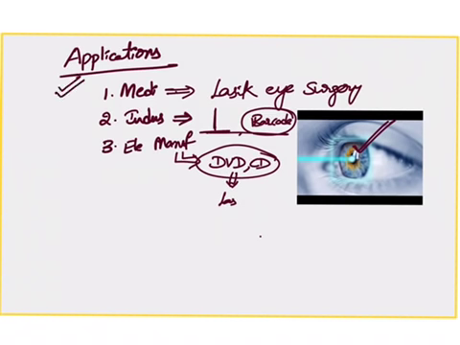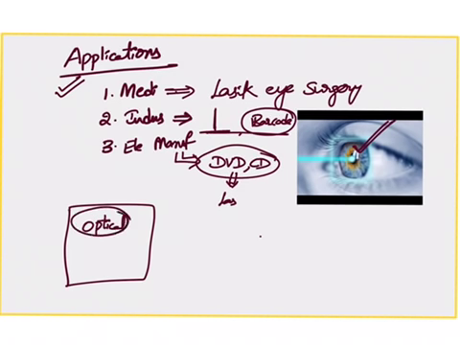Now, the first person has discovered optical tweezers. Optical tweezers means using optics based on laser technology. These are used as cutting tools, tweezers, in the biological systems. The second set of people, they have developed the ultra short laser pulses.